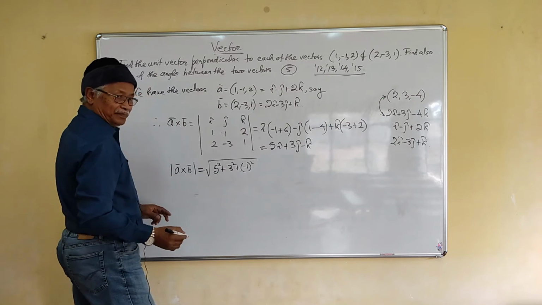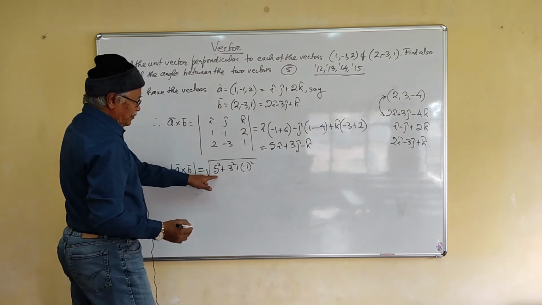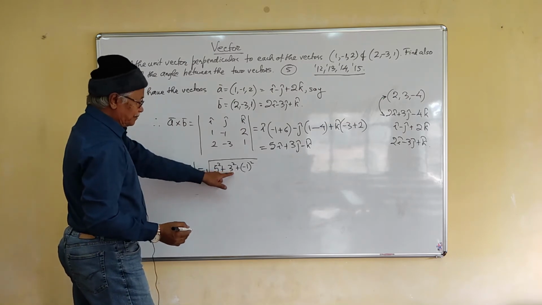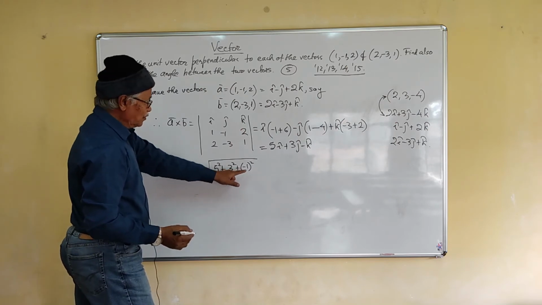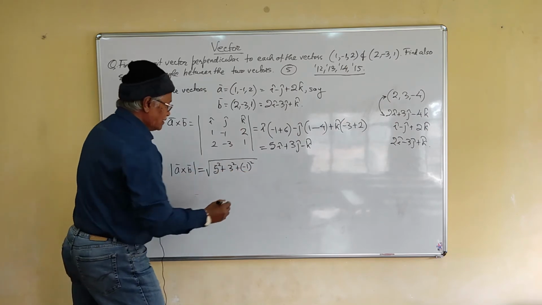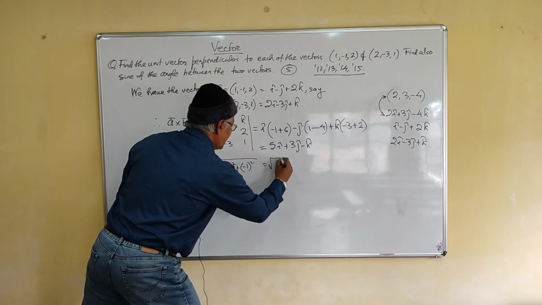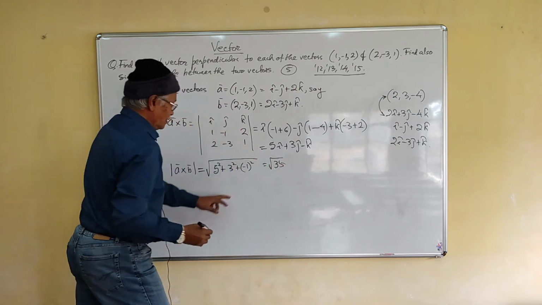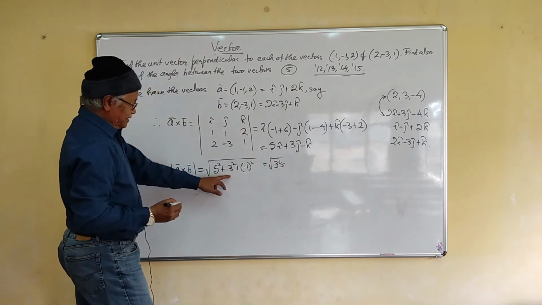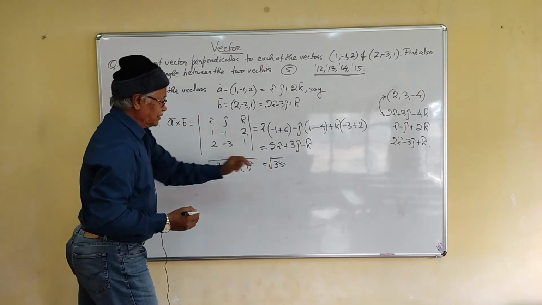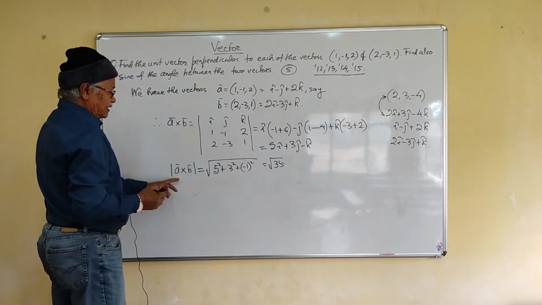Is that right? So this is 25 and 9, that's 34, and 1 is 35. Check: 1 and 9 is 10, and 10 and 25 is 35. Right? So that is that.